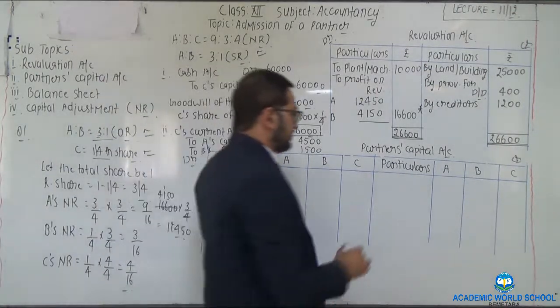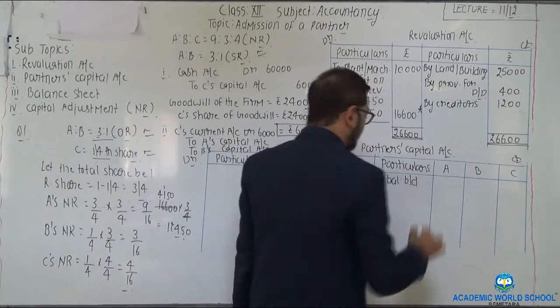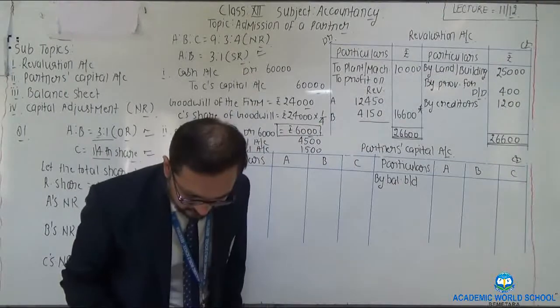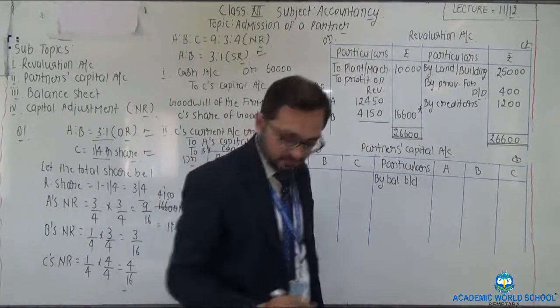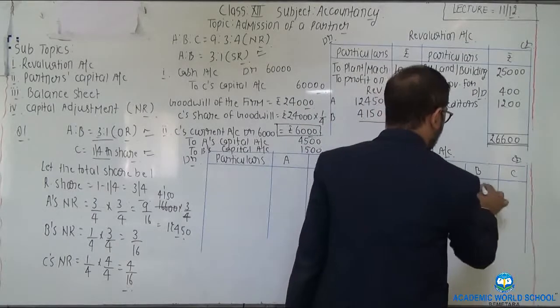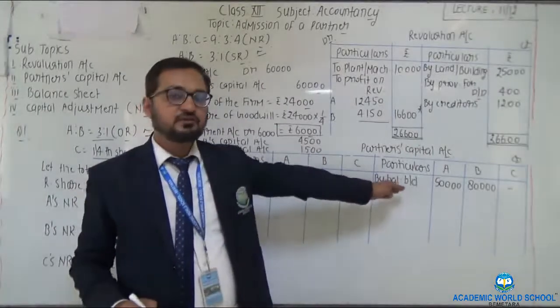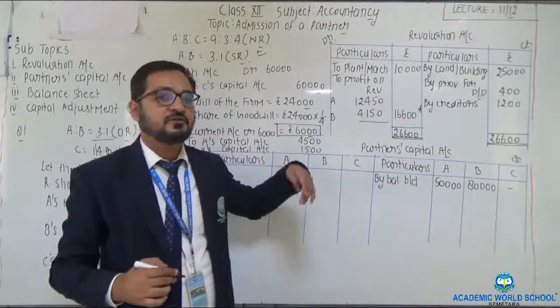So this account will start from the credit side by writing their respective capitals, that was 50,000 to A and 80,000 to B. Clear? This was their closing capital just before the admission of C.